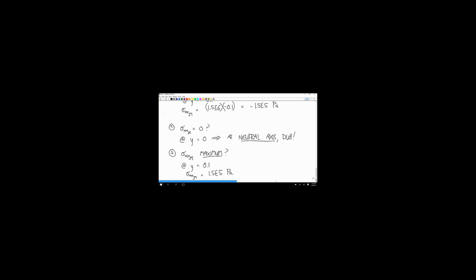It doesn't always have to be symmetrical that way. If you think about a triangular cross section, the neutral axis is only a third of the way from the base to the top. And so at the peak of the triangle, you have a bigger positive y than you have a negative y going down to the bottom. So in that case, it wouldn't be symmetrical this way.